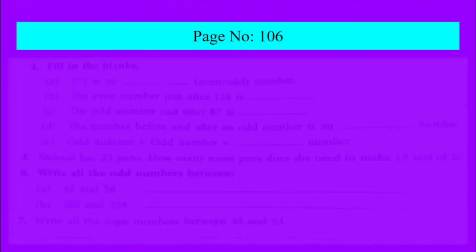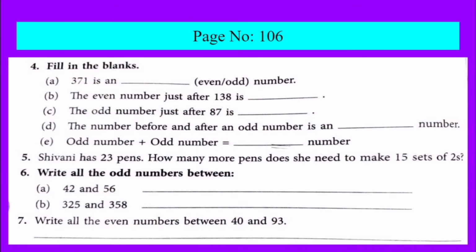So now let's do question number 4. Fill in the blanks. Let's do the A part. 371 is a dash, even or odd number. So children, here we have to write whether 371 is an even number or an odd number.